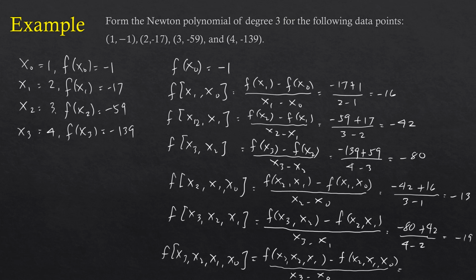So f of x3, x2, x1 is negative 19 minus f of x2, x1, x0 is negative 13. So that becomes positive 13 over x3 is 4 minus x sub 0 is 1. So that is negative 6 over 3 is negative 2. Alright?